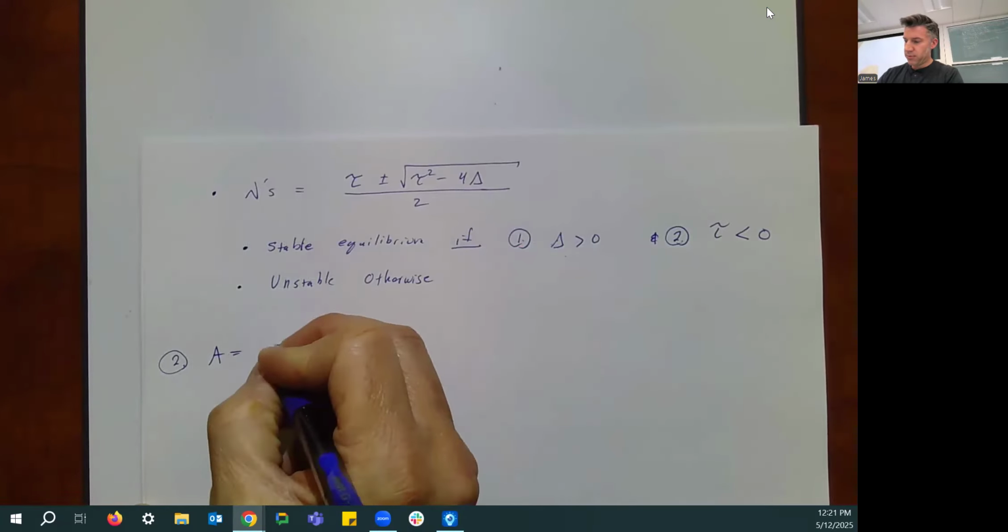So typically, before we do that, let's rewrite this as a matrix equation. We're going to have the derivative of our vector x equal to the coefficient matrix. Now be careful here. Our coefficient matrix is -1, 0, 1, and 2. In the first column, coefficients of x1, in the second column, coefficients of x2.